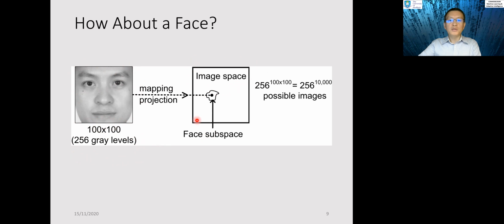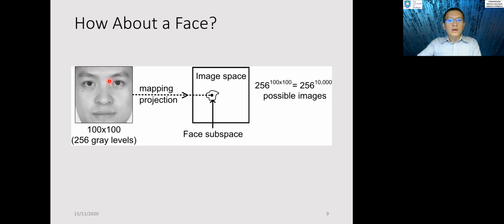Imagine there's an image space of 100 times 100, that is 10,000. Suppose there's a huge space with 10,000 coordinates, right?